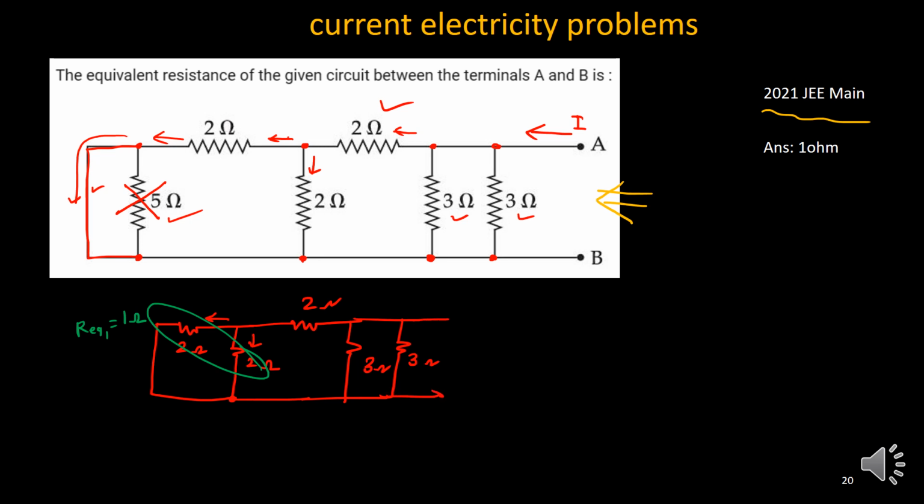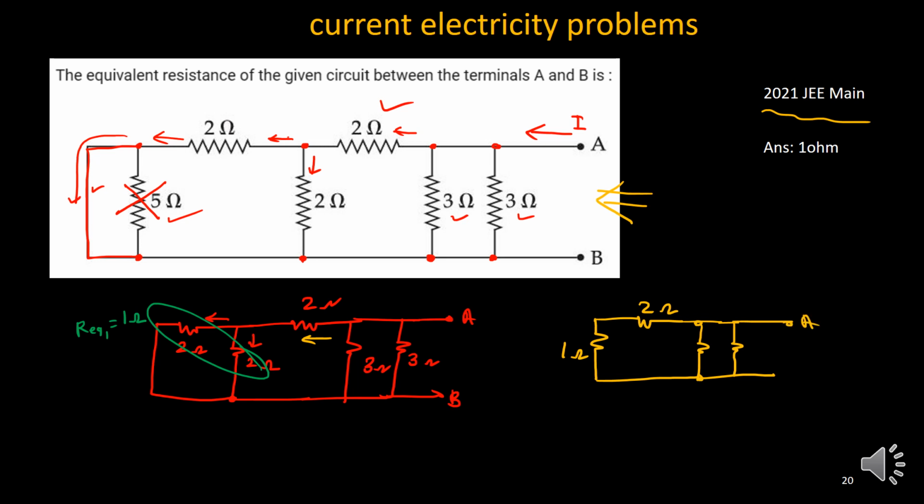This is the node A, this is the node B. Now you can see that whatever current is flowing through this 2 ohm resistance, it is one equivalent resistance, so I can redraw the circuit. So this is one resistance, that is 1 ohm, and now this is your 2 ohms. Okay, and between these two there is one resistance 3 ohm, another resistance is 3 ohm.